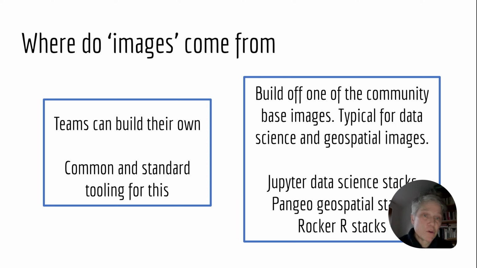So the Jupyter data science stacks are one example. The Pangeo geospatial stacks, there's the Rocker R stacks. Those are examples. And then also specific communities, like the bioinformatics community, will create images for their tool sets.